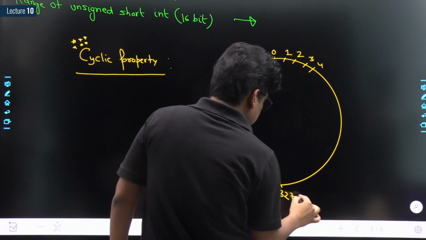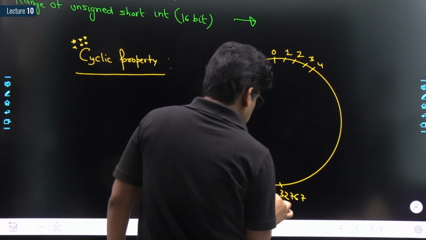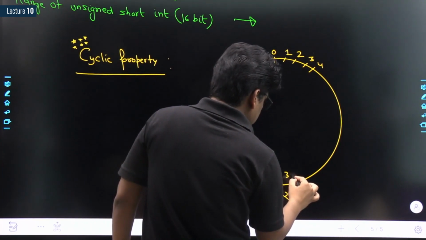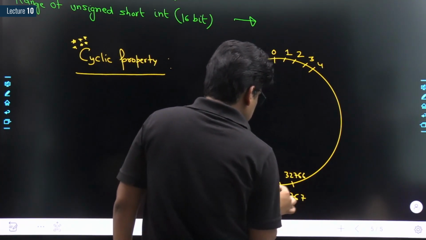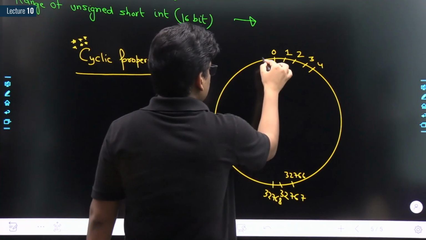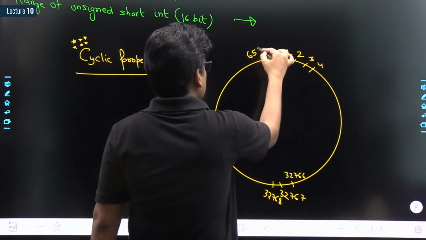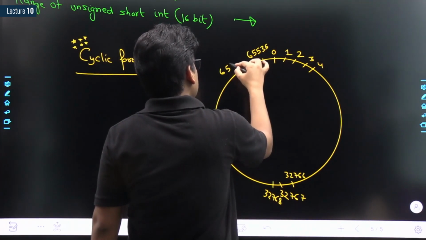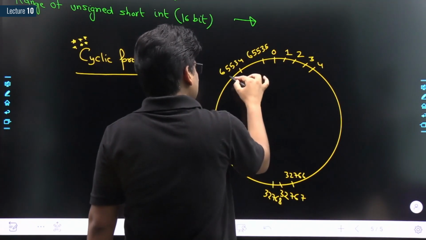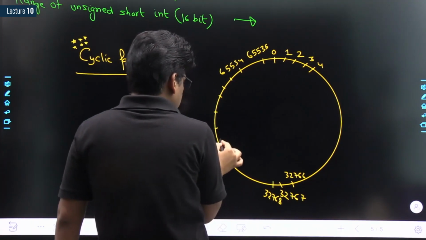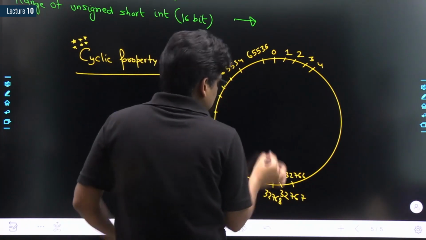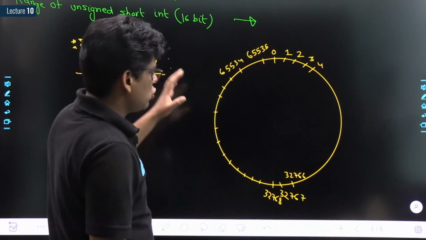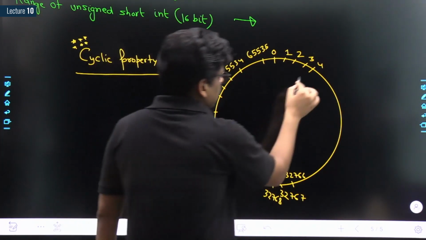Somewhere we have 32767, 32768, and so on. Like that. And what is the value here? 65535. What is the value here? 65534. Like this. Actually, these are the values allowed inside unsigned short int.